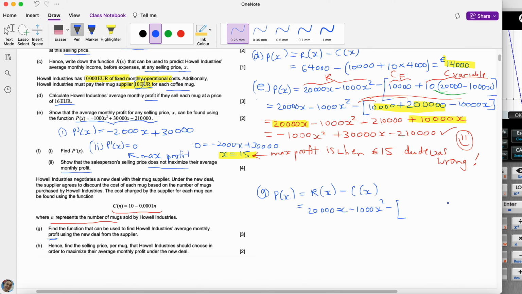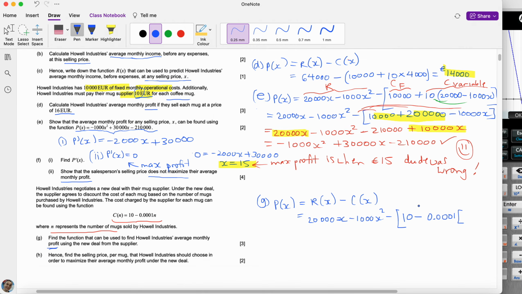Is the variable cost still there? Okay, yeah, so we're just going to have our cost. So then this is going to be 10 minus 0.0001 per mug.